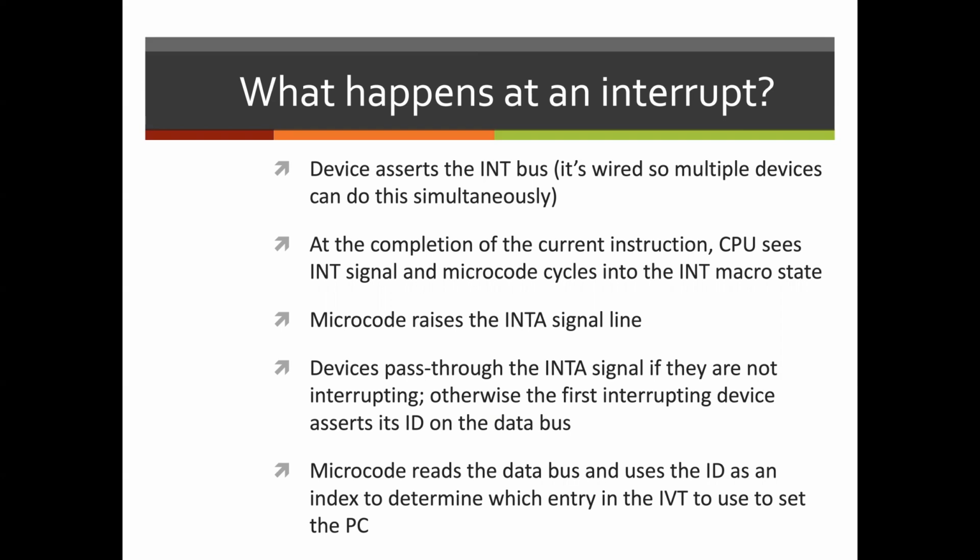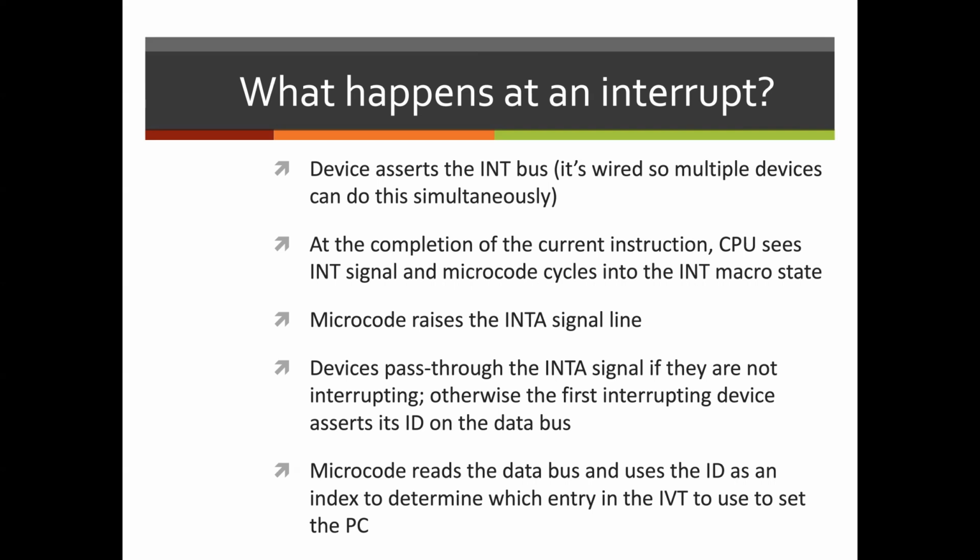Then the microcode raises the int A signal line. This allows for devices to pass through the int A signal if they're not interrupting. Otherwise, the first interrupting device will assert its ID onto the data bus.